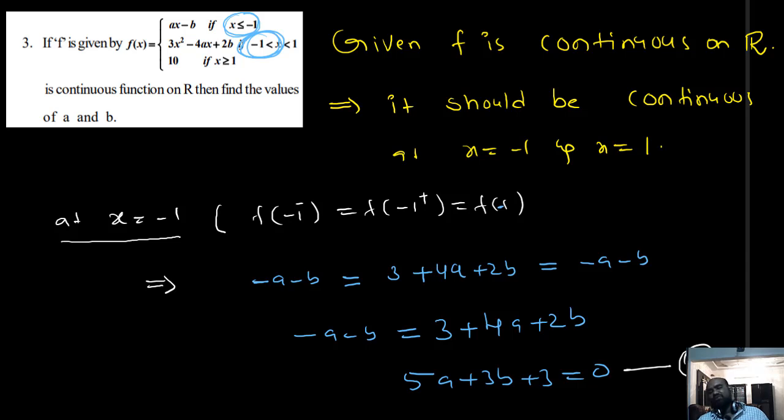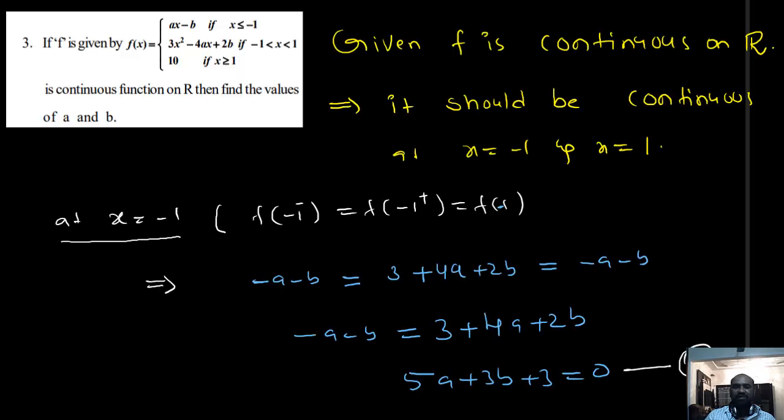One more relation we want in order to find the values of a and b. Next, at x equal to 1. What happened? f of 1 minus should be equal to f of 1, should be equal to f of 1 plus.